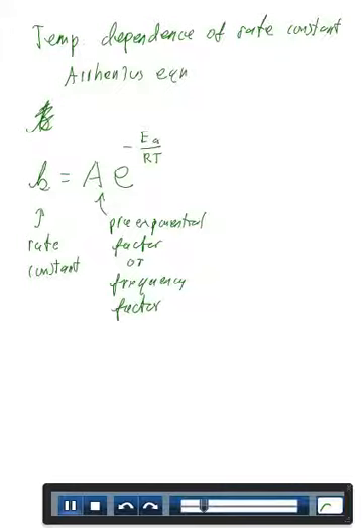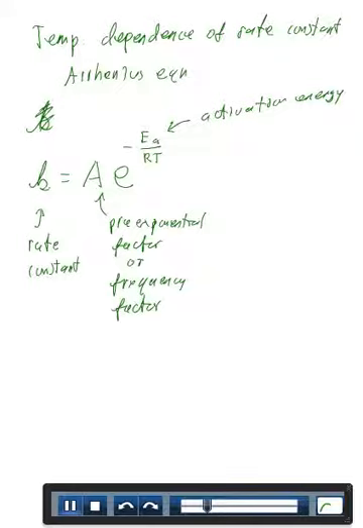And then we have E sub A here in the exponent. This is called the activation energy for the reaction. R is the ideal gas constant, and T is the temperature.